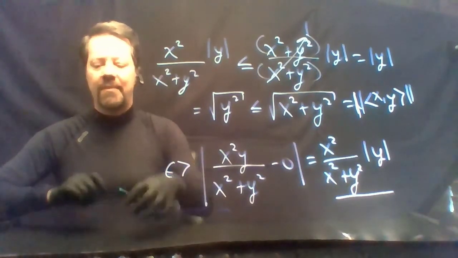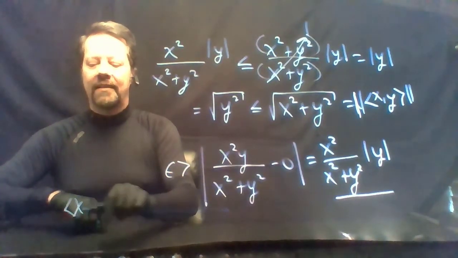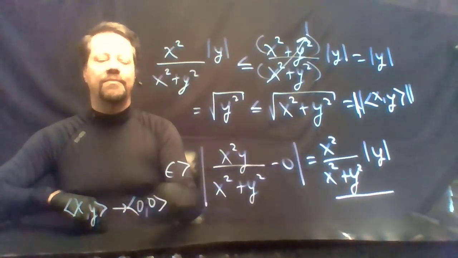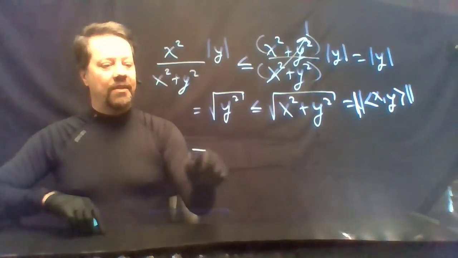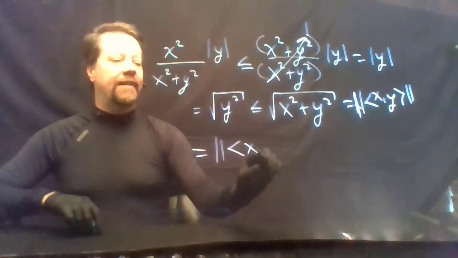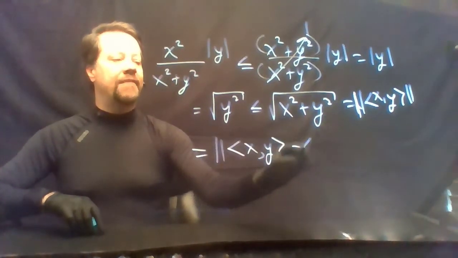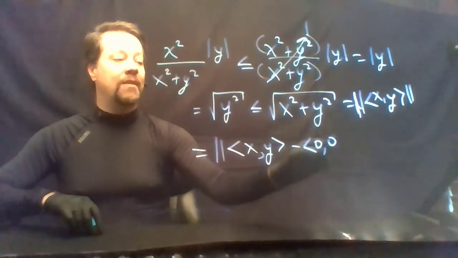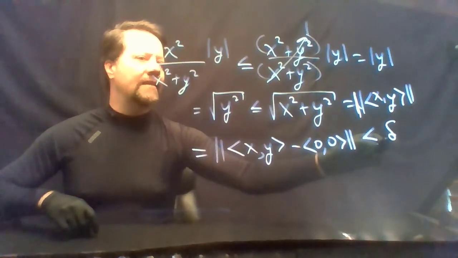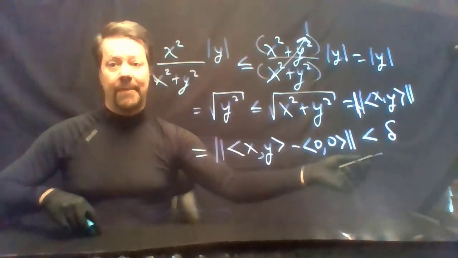And remember, we're taking the limit as xy tends to 0, 0. You can see right away that the norm of the vector xy is the norm of the difference between xy and the place that we're going to. We need this to be smaller than delta, but we also need it to be smaller than epsilon.